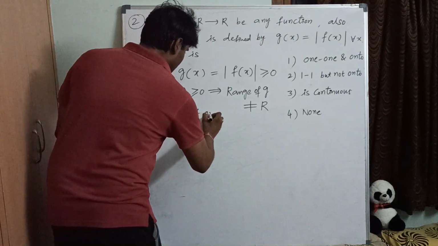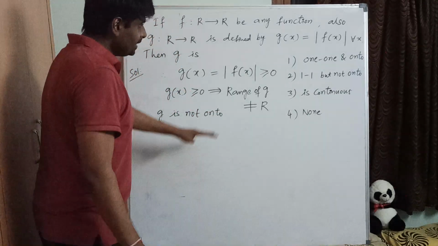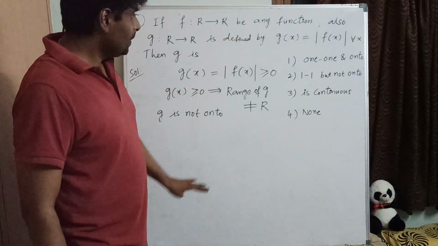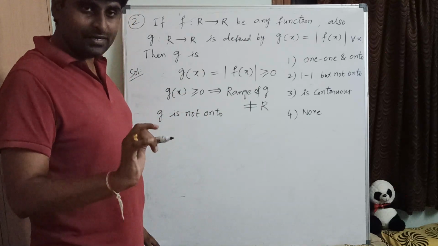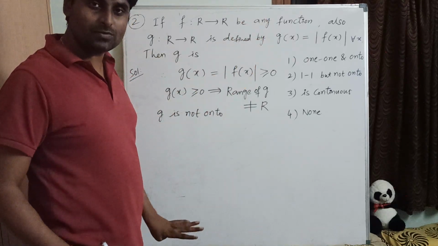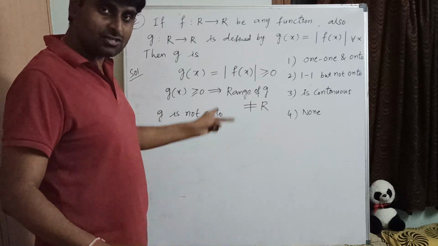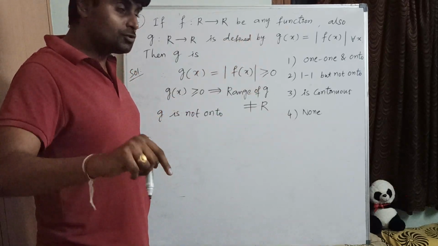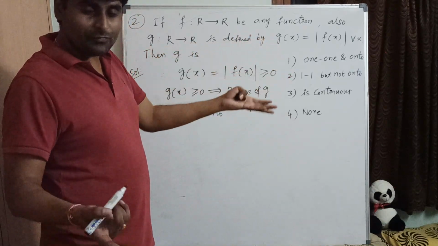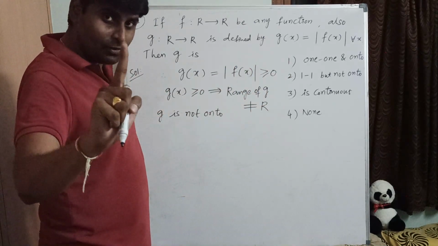Now similarly, is it one-one? No. By substituting minus 1 we get plus 1, and by substituting plus 1 we also get plus 1. By substituting minus 2, modulus of minus 2 is 2, and modulus of 2 is also 2. Correct? So for two different values we are getting the same image. So it is many-one, not one-one, because more than one element has one and only one image.